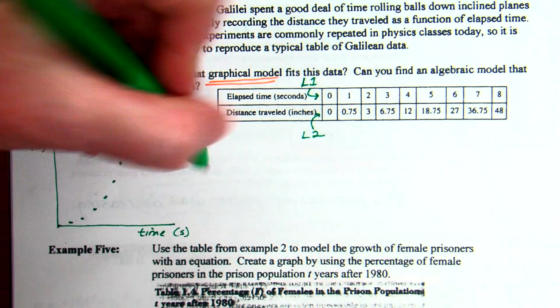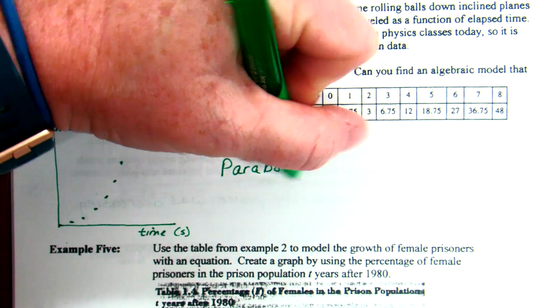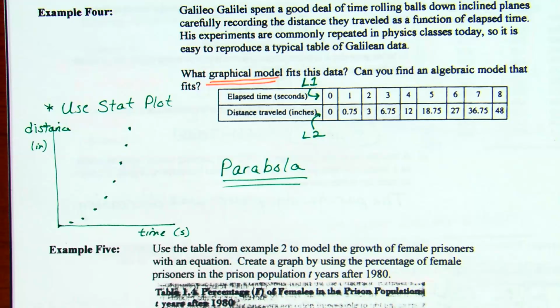And we are assuming it's just that, right? A parabola. We said it looks like the positive half of a parabola. So in terms of what graphical model fits this data, the graphical model that fits this data is a parabola. Now, if it had been a line, we'd use the equation y equals mx plus b. Thoughts on what to use for a parabola?